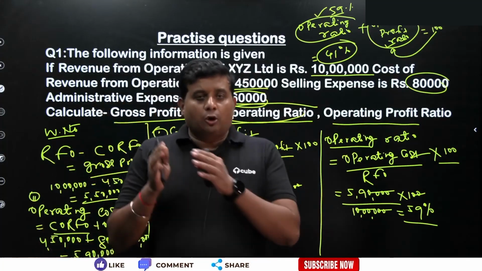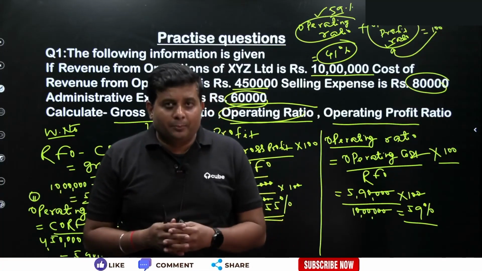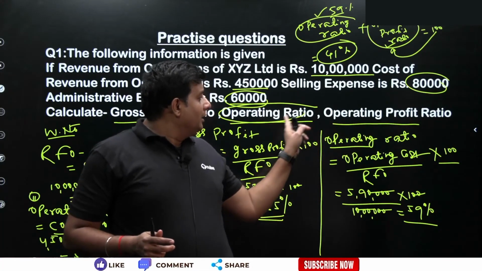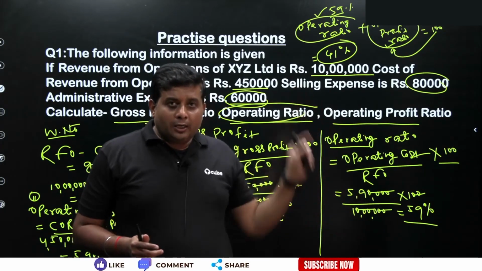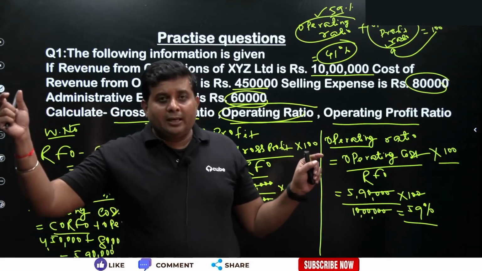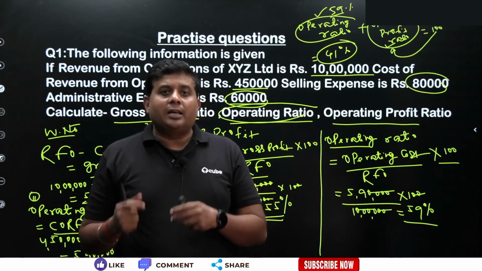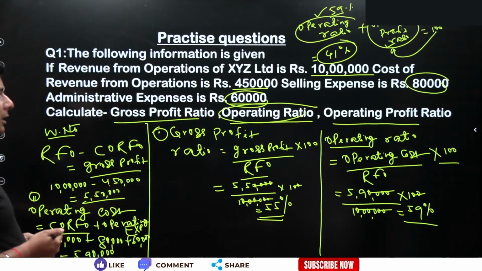Operating ratio plus operating profit ratio का जब sum total करते हैं, it will be equal to 100%. So suppose in this question we have just now calculated the operating ratio जिसका 59% आया था, तो 100 में से operating ratio 59% minus करोगे आप, so you will come to know what the operating profit ratio is, that is 41%. तो उसकी वैल्यू आपका 41% आ जाएगा.